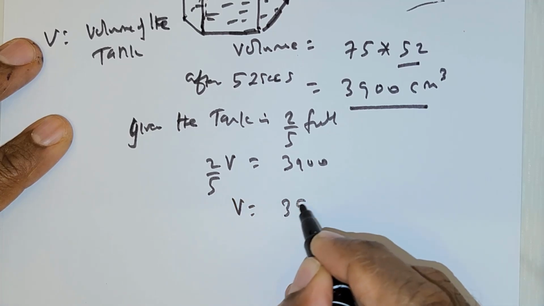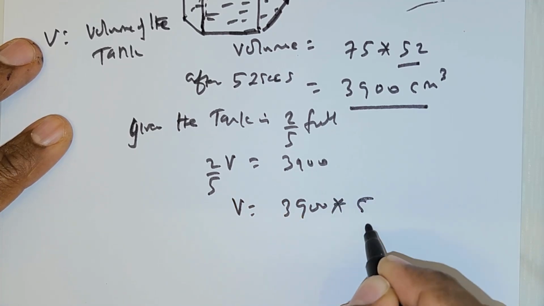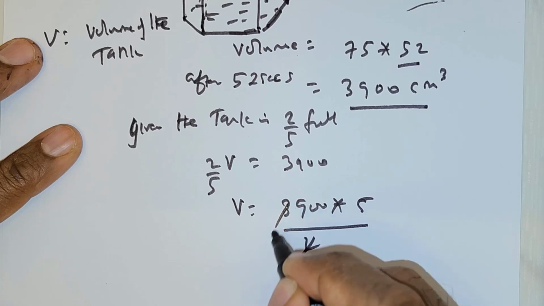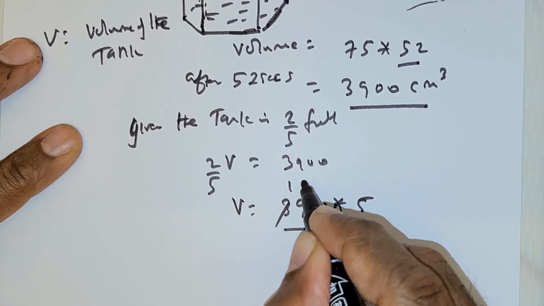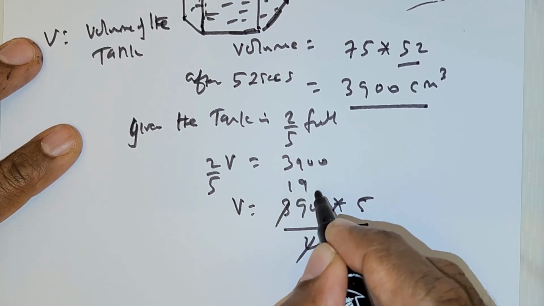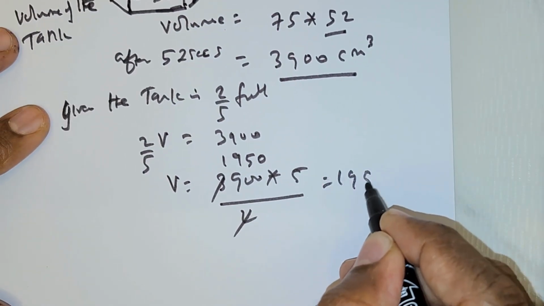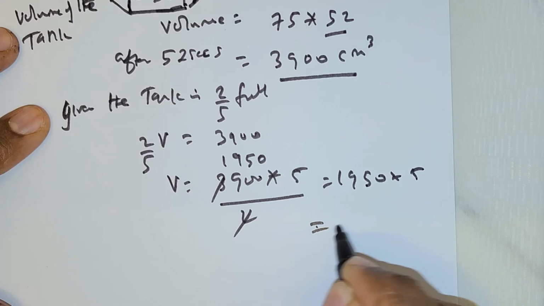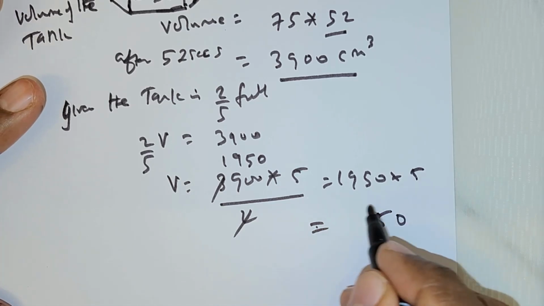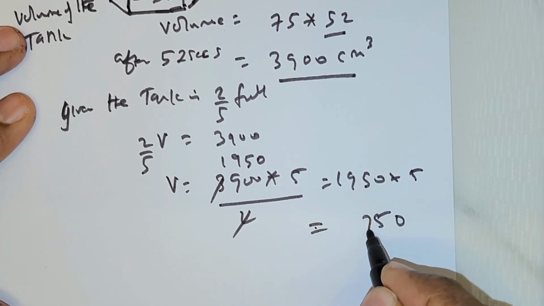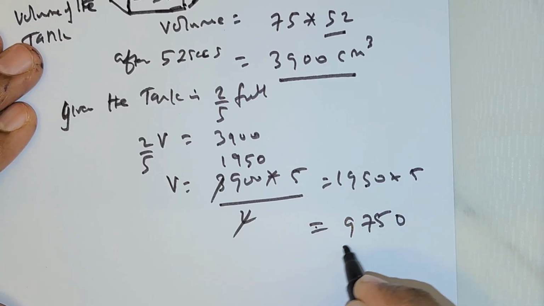So you cross multiply: 3900 times 5 divided by 2. Okay, so you have 1950 multiplied with 5. 5 5s are 25, 2, 45, 46, 47, 4 and 9.